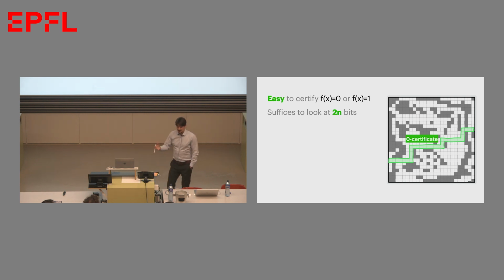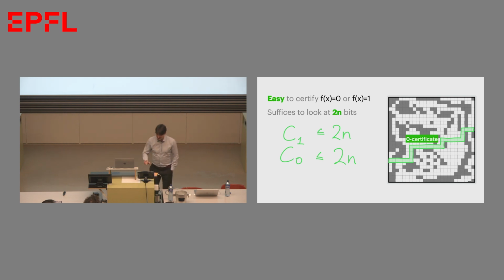So I hope you see, by construction, I've made it easy to certify whenever the function outputs a 0 or a 1. In notation, I would say the 1 certificate complexity of the function is at most 2n, and similarly for the 0 certificate complexity.